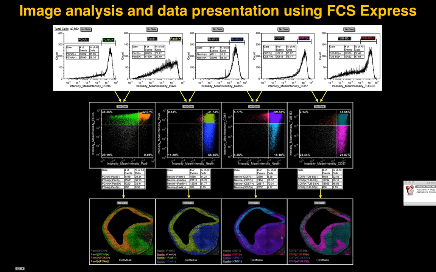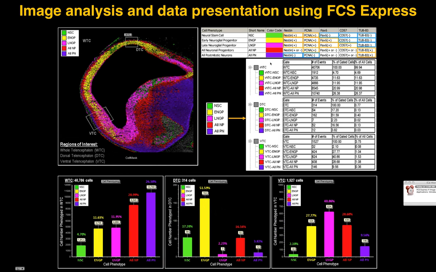Now, one step further, and this is the ultimate, is you can now combine any marker with any marker and create a matrix plot. So everything with everything. In this case, in the upper right-hand panel, if we really want to identify neural stem cells that are dividing asymmetrically, they have nestin and PCNA, but other phenotypes can have nestin and PCNA, including the progenitors.